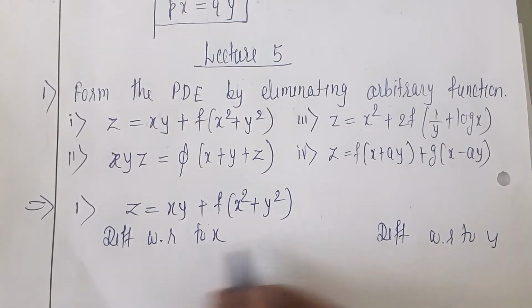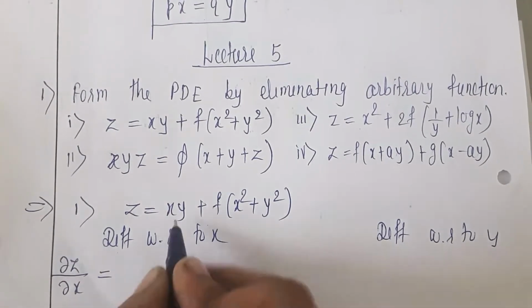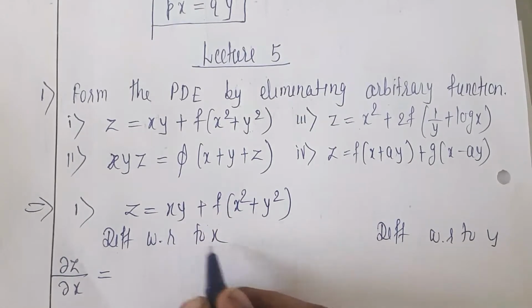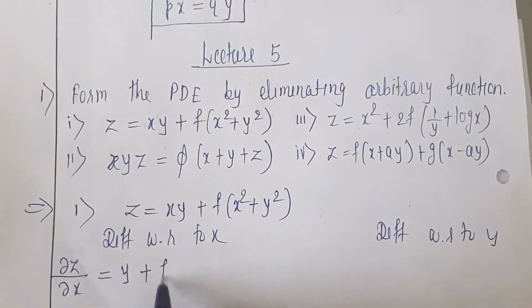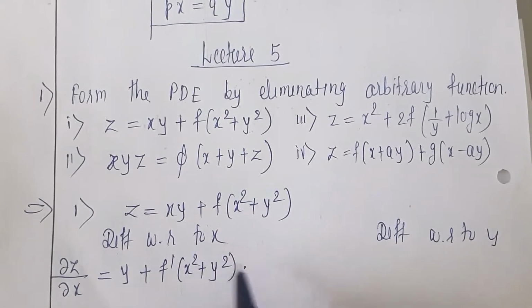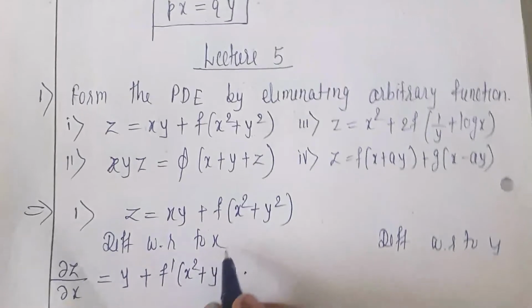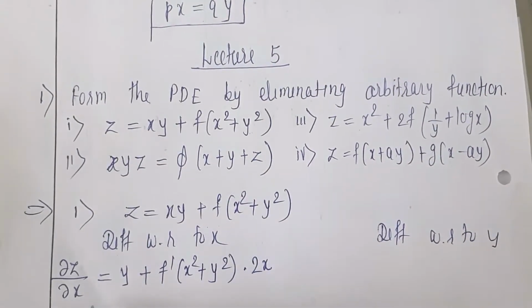So differentiate with respect to x, del z by del x is equal to the derivative of xy with respect to x. So the x derivative is 1, remaining is y, plus f dash of x square plus y square multiplied by the derivative of x square plus y square with respect to x. So the derivative of x square is 2x and y square becomes 0.